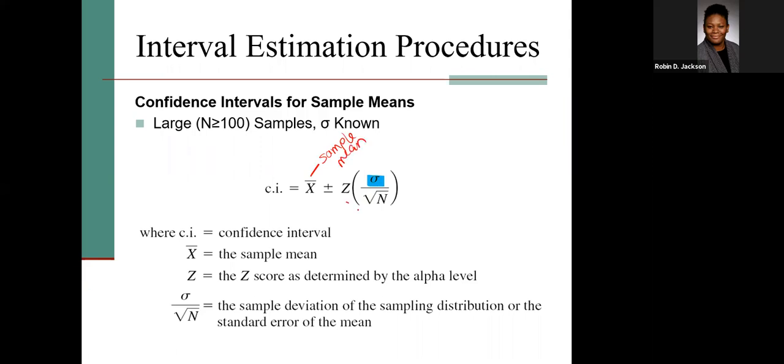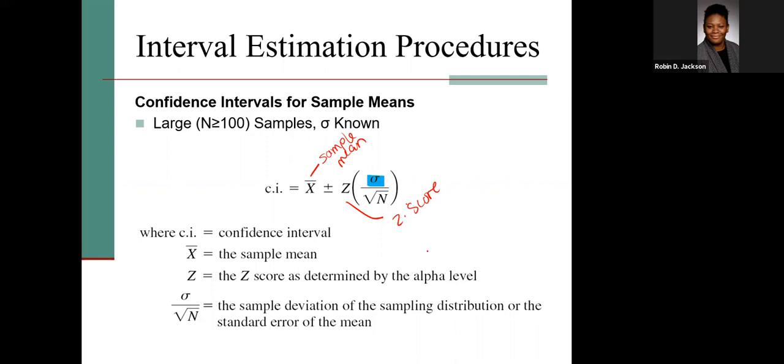All right, this is the Z-score. So you remember in the last example, right before I ended part one of the lecture, for 85%, I came up with a Z-score of 1.44.